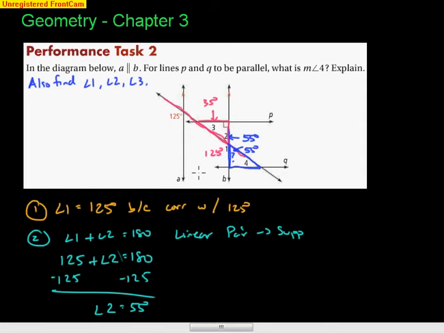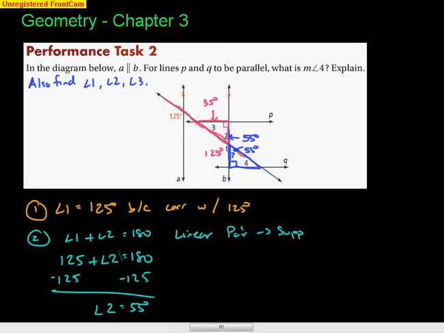And now, if lines P and Q were parallel, since P is perpendicular to B, Q would also have to be perpendicular to B. This would have to be a right angle.